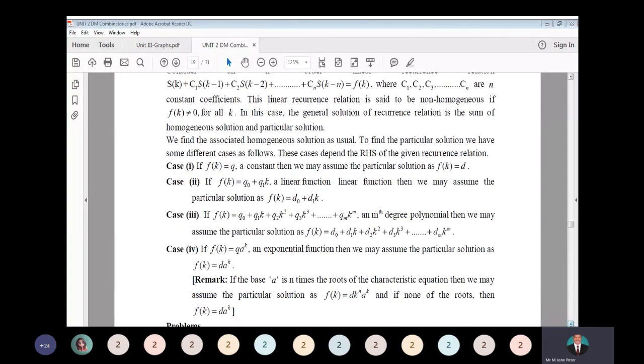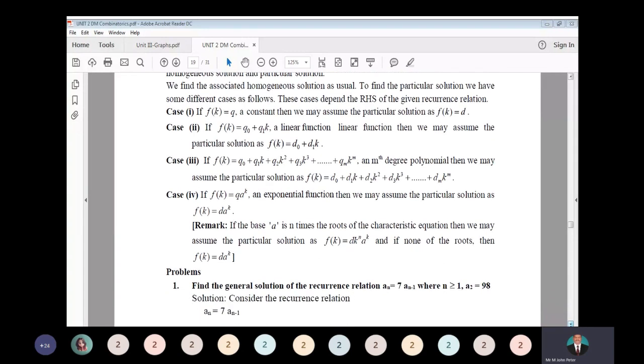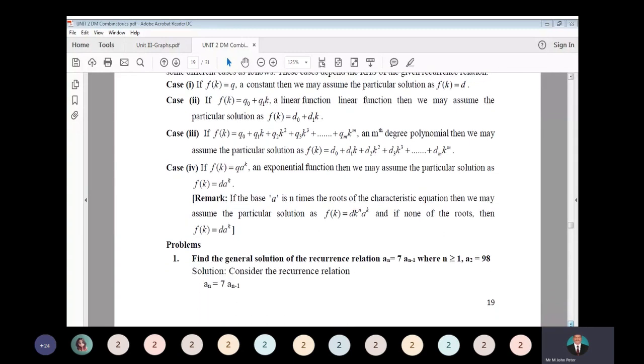So here k is a variable. If the base a is n times a root of the characteristic equation, then we may assume the particular solution f of k is equal to d into k power n into a power k. If none of the roots, then f of k is equal to d into a power k.